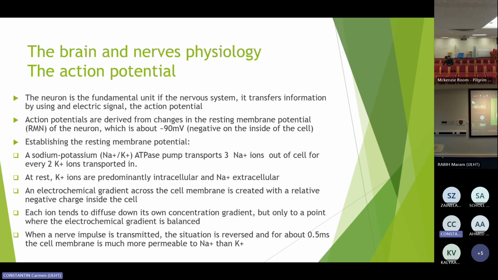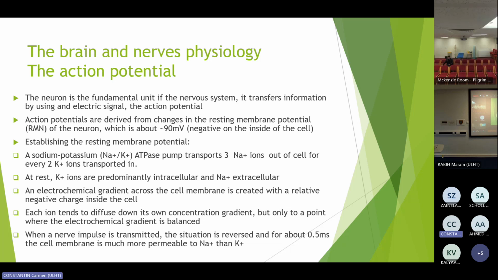So we have the resting membrane potential. How do we establish this? We have a sodium-potassium pump which transfers 3 sodium ions out of the cell for every 2 potassium ions transported in. At rest, potassium ions are predominantly in the cell and sodium outside the cell. So an electrochemical gradient across the cell membrane is created, with a relative negative charge inside the cell, as I said before.